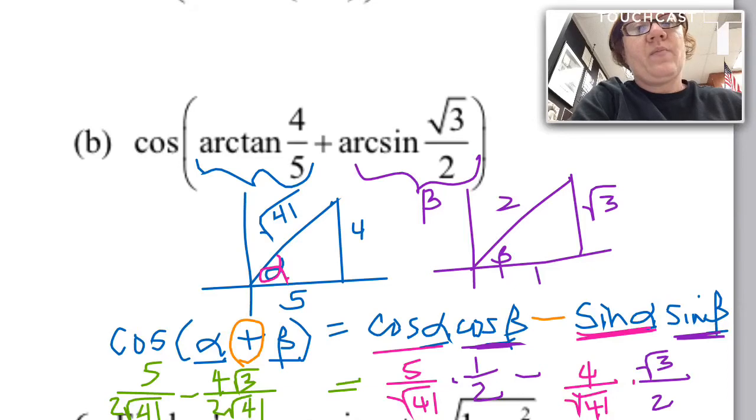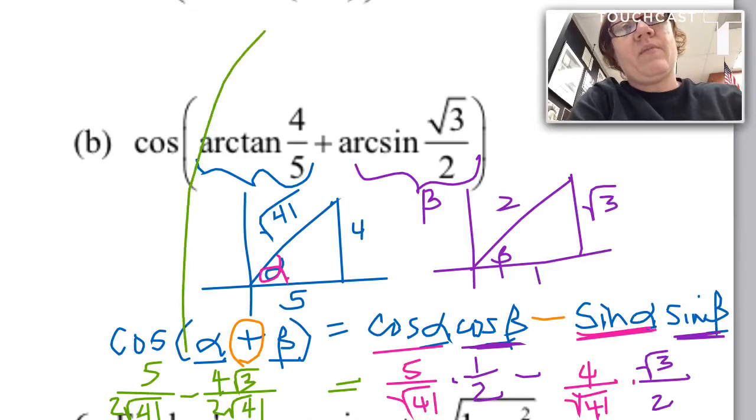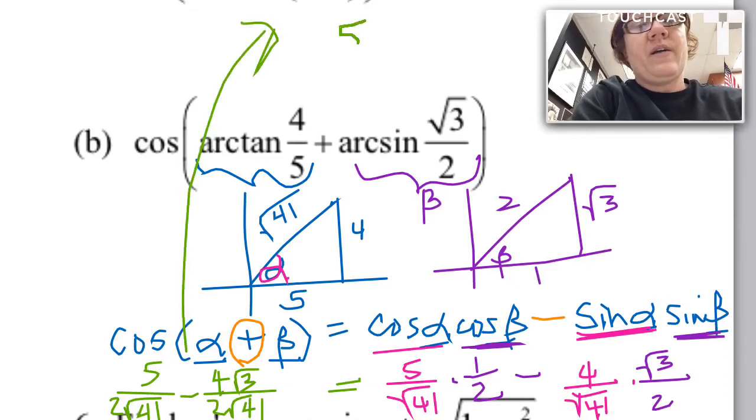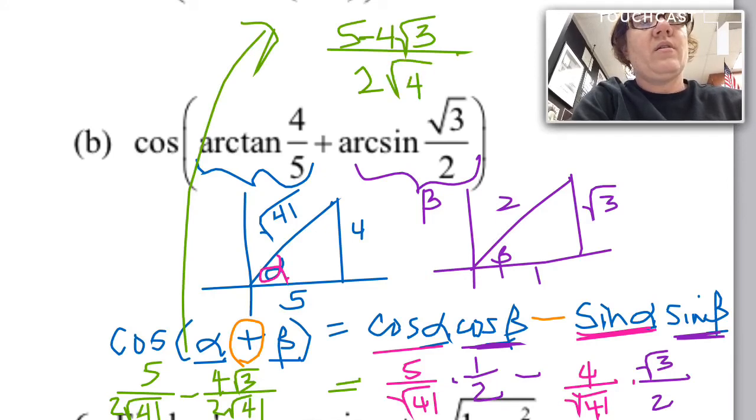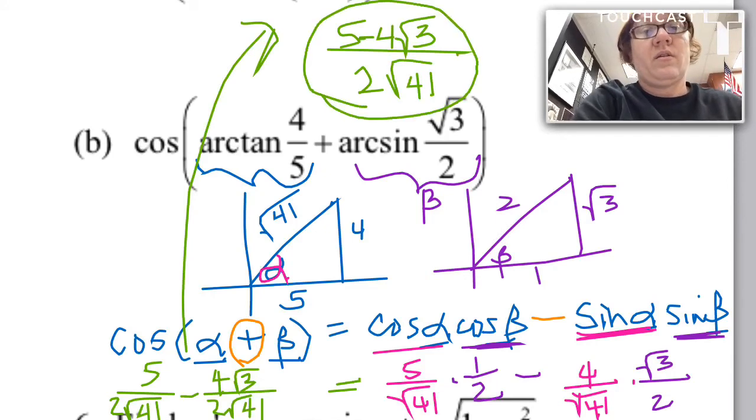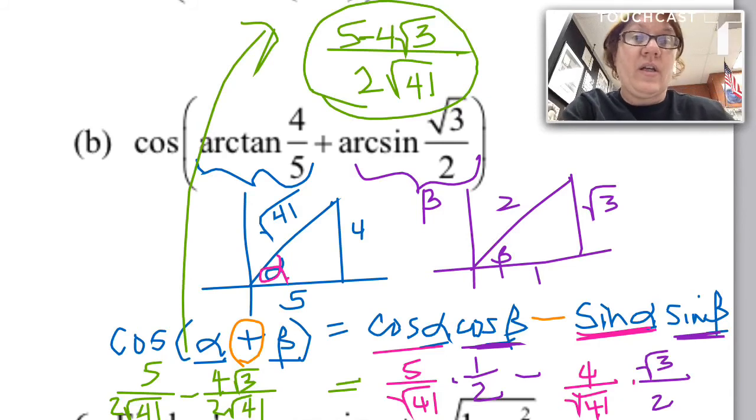And of course I can just put those together since they have the same denominator. So it'll be 5 minus 4 square root of 3 all over 2 square root of 41. And those are all things that you've learned in pre-calculus.